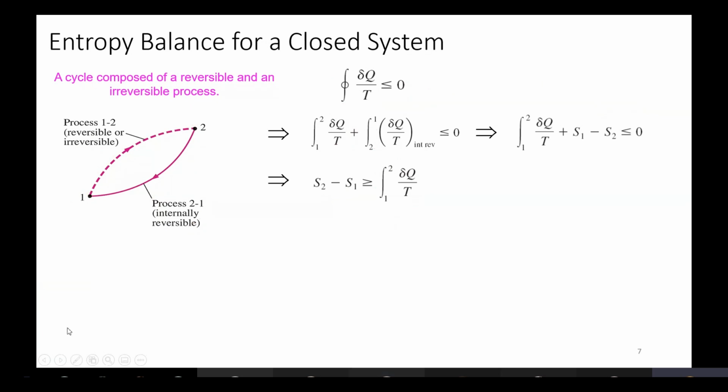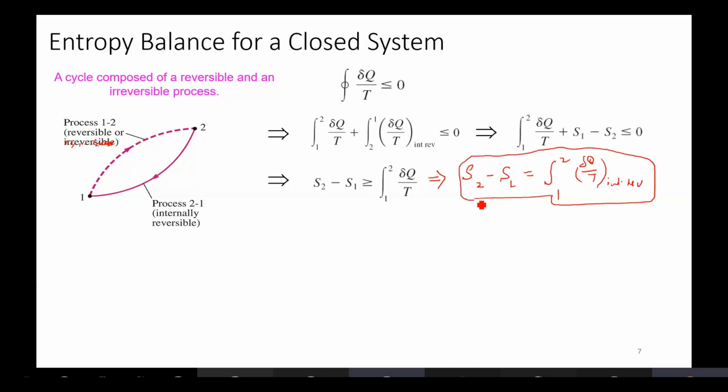Yes, sir. Now, let's say this process is a reversible process. So this expression would change how? S2 minus S1 should be equal to the integral of 1 to 2 del Q over T for an internally reversible process. Clear? Yes, sir.